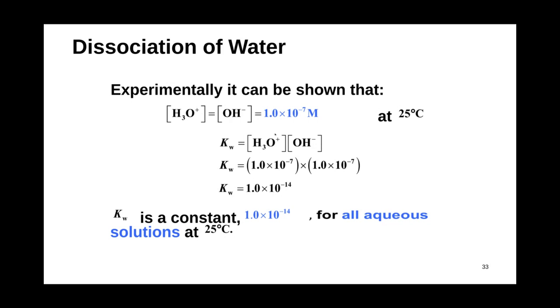Now, Kw, as we've mentioned, is the concentration of H3O+ times the concentration of OH-. So it's this number times this number, which gives us a Kw of 1 times 10 to the minus 14.